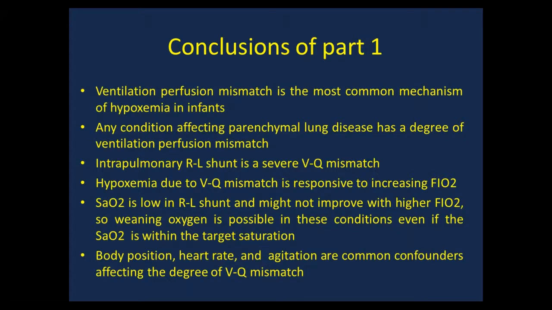Intrapulmonary right to left shunt is a severe extreme of ventilation perfusion mismatch. Hypoxemia due to ventilation perfusion mismatch is responsive to increasing fraction of oxygen. Arterial saturation is low in right to left shunt and might not improve with a high fraction of oxygen.